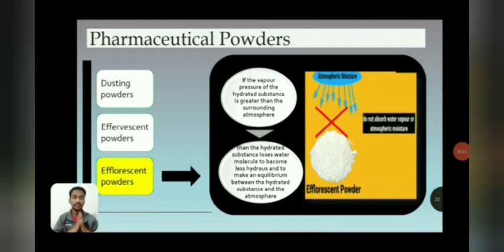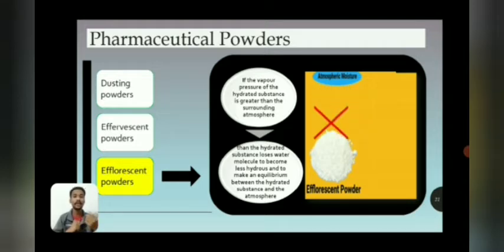Efflorescent powder is classified under the powder dosage form, a solid dosage form. Efflorescent powder is a solid crystalline powder. Its basic characteristic is that it does not absorb water from the external environment. Instead, it releases the water from inside its molecules to the environment and becomes anhydrous or less hydrous.